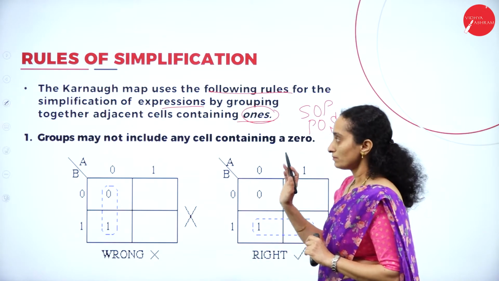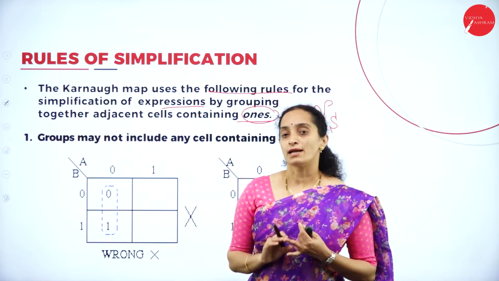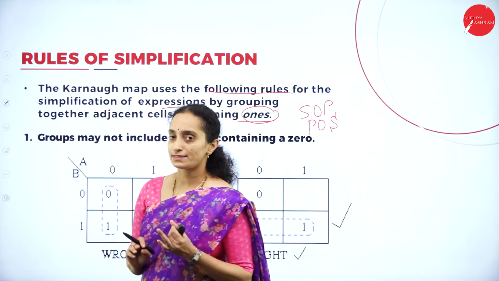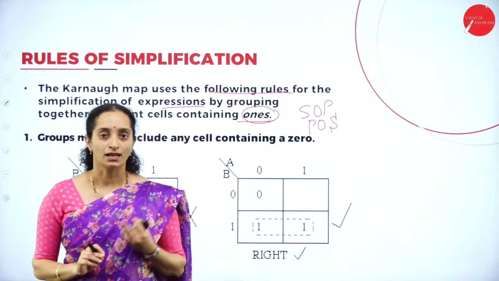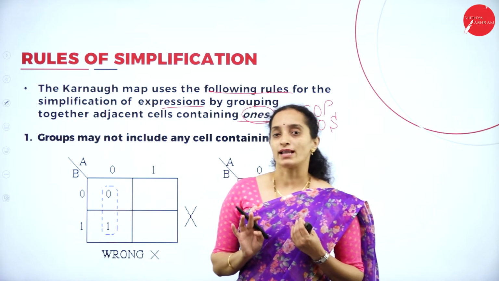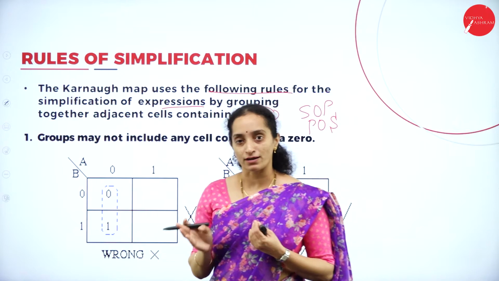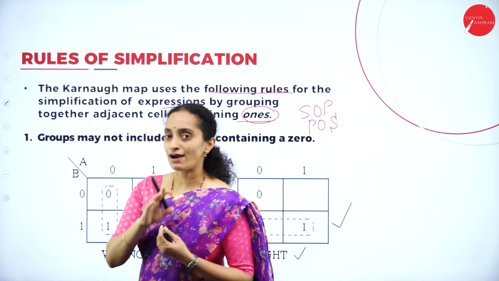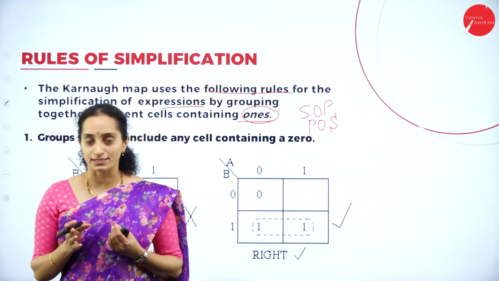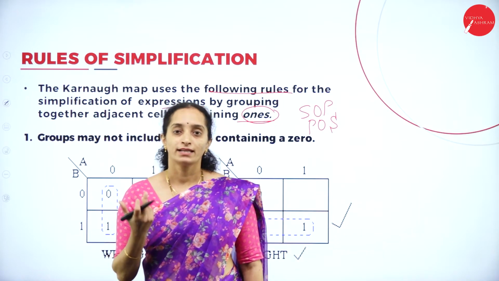The map depends on the number of variables that are present in an expression. You can have a map of 4 cells, a map of 8 cells, a map of 16 cells. If you have n variables, you have 2 to the power of n cells.